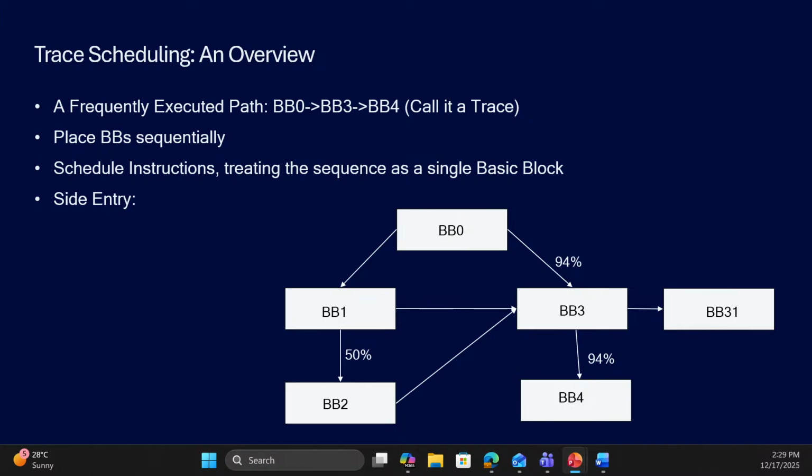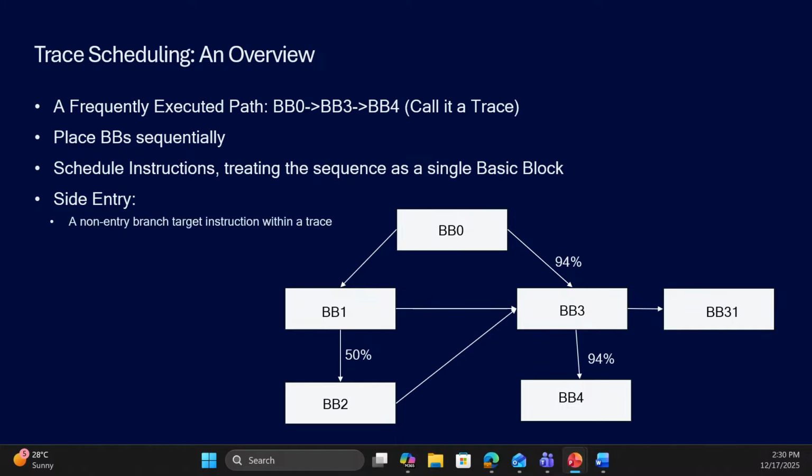Even though BB4 is the end point of the trace, control can leave the trace in between. This is different from a basic block, where control flow can leave only at the end. So the branch instruction that takes control out of BB3 is a side exit.